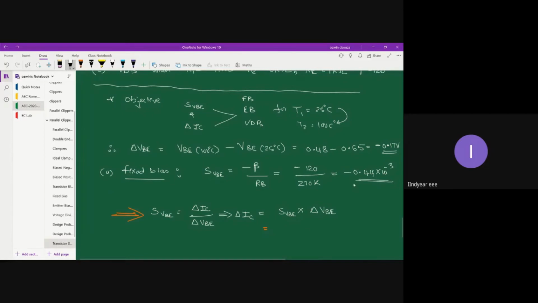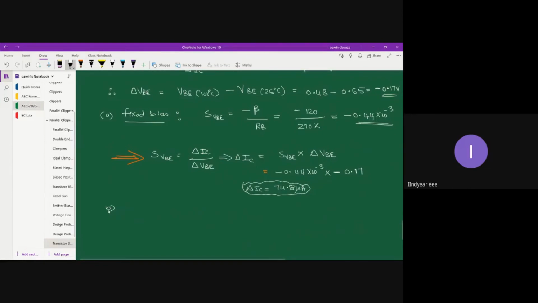SVBE we have already found, minus 0.44 into 10 to the power minus 3 into delta VBE. Delta VBE we have already found. So it is negative 0.17. So when you multiply the two negative numbers, you will get delta IC is equal to 74.8 microamperes. All right. So that is for fixed bias.